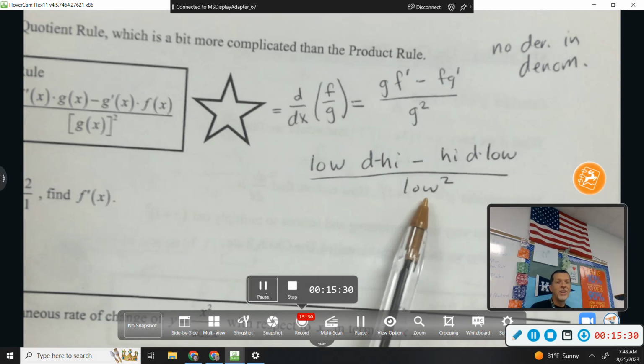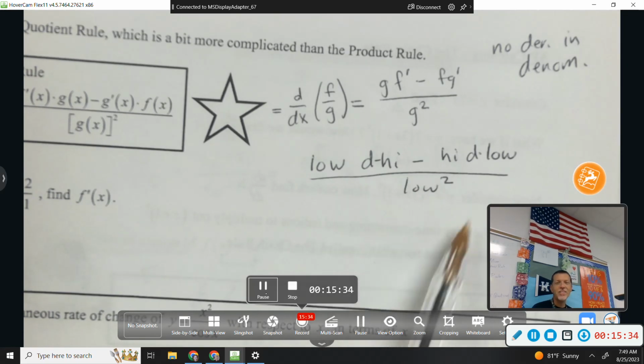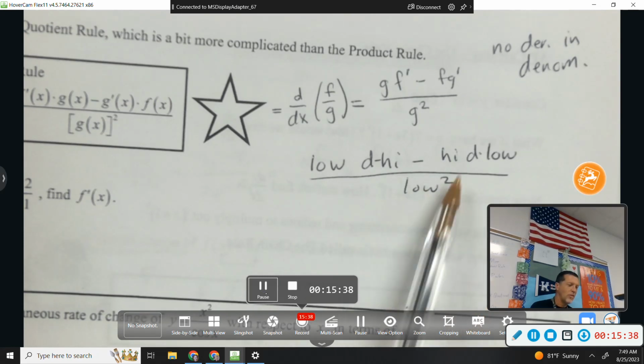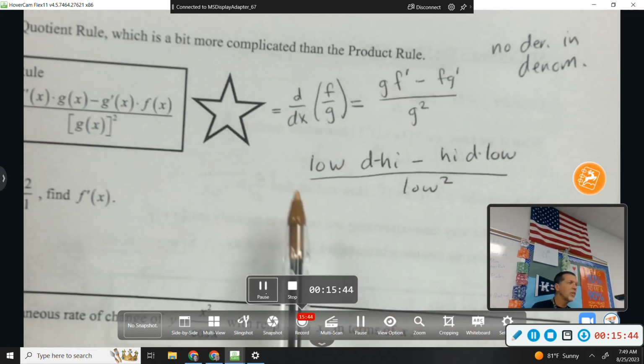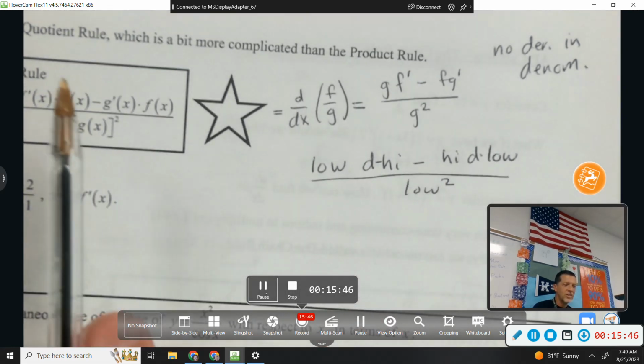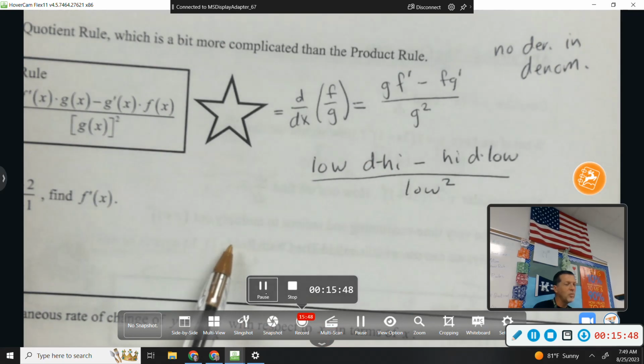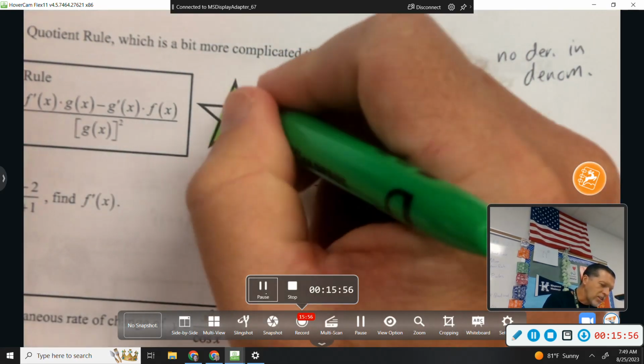I never found that particularly helpful. But if that's a sing-song thing that you can latch onto, then go for it. Low D high minus high D low over low squared. Girlfriend has to come first. Or just good old g f prime minus f g prime over g squared. But you can see how it's more complicated than the product rule because of the subtraction.